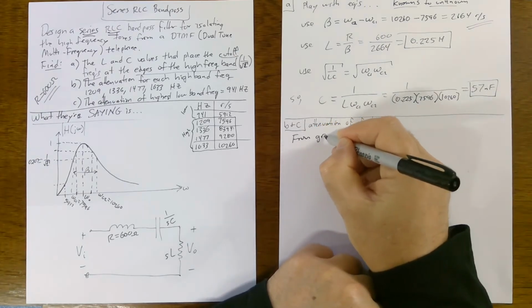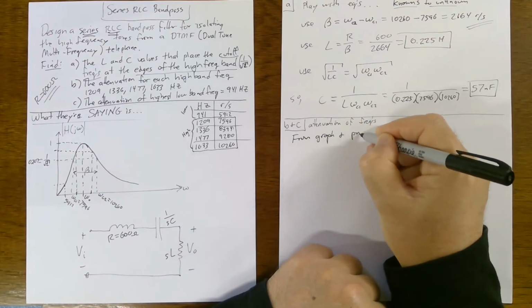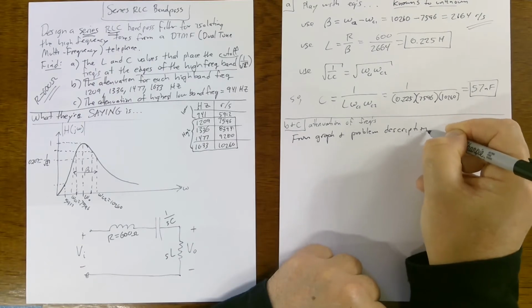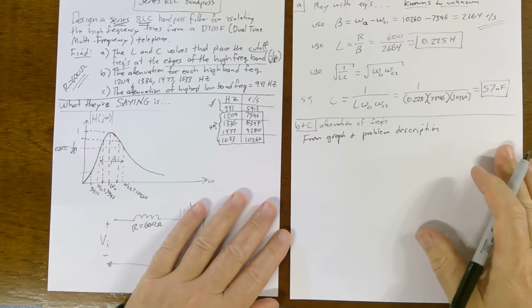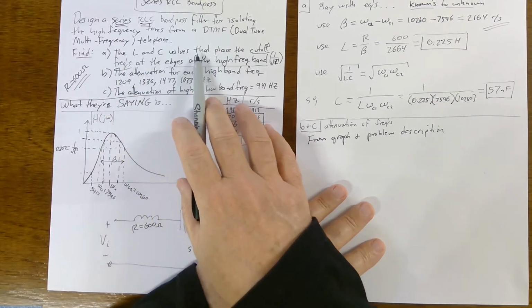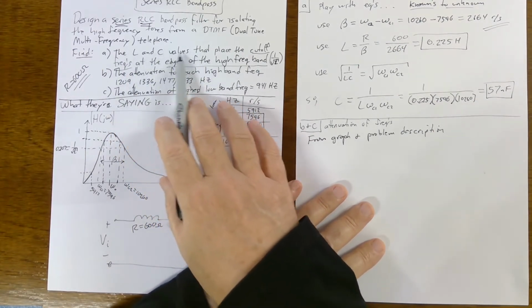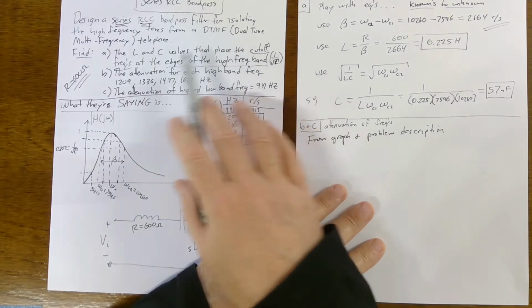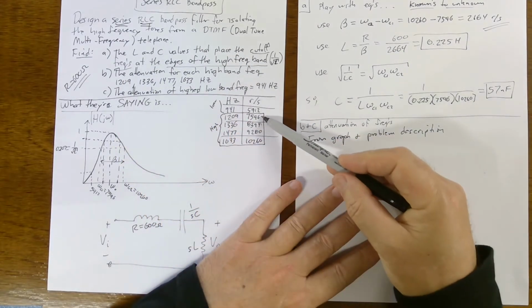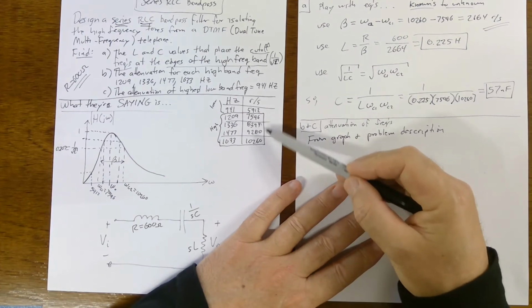So from the graph and the problem description, in part A, you're asked for L and C values that place the cutoff frequencies at the edges of the high band frequency. So they're giving you these two cutoff frequencies.